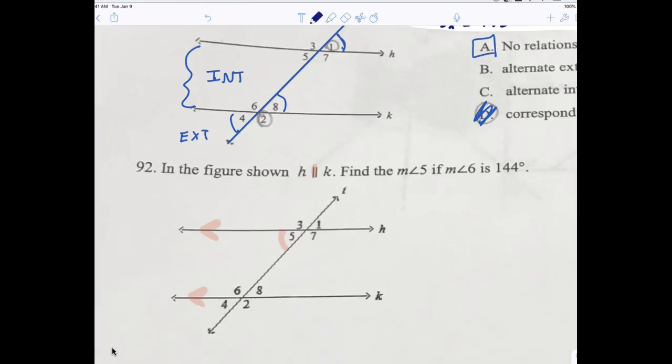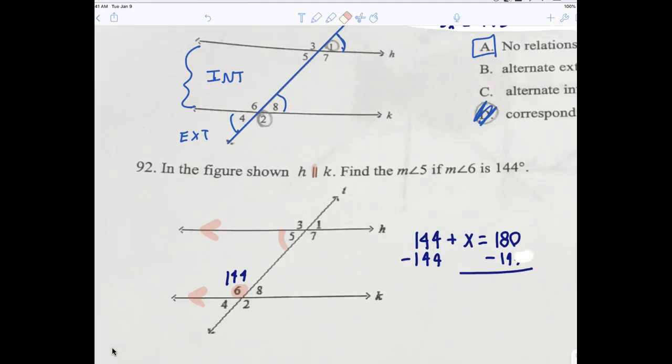So if you looked at this right here, now the question is, are those angles equal? So they must add up to what? 180. Exactly. So now write your equation right here. Tell me what the equation is. 144 plus x equals 180. Good. Subtract 144.